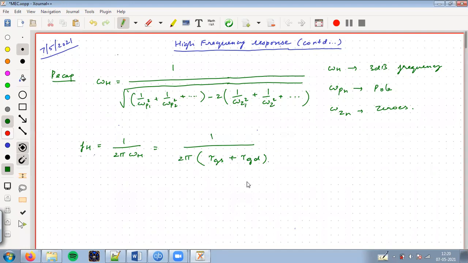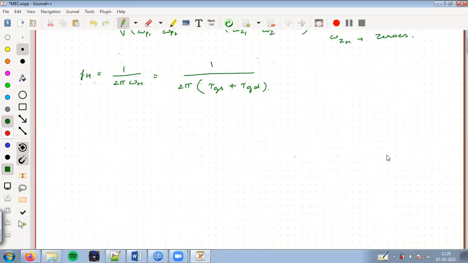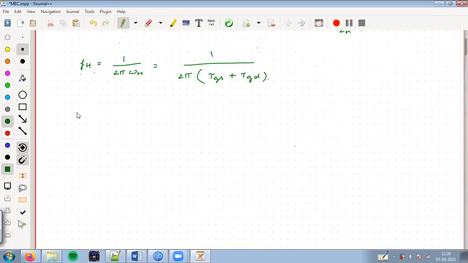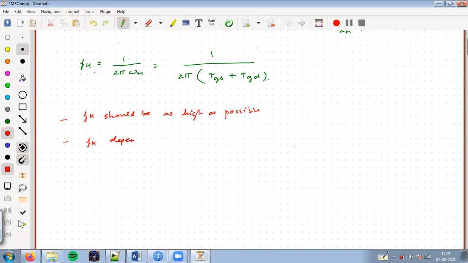Now the thing I want to point out here is fh should be as high as possible. To make fh higher, fh actually depends on tau gs and tau gd in the case of that example.